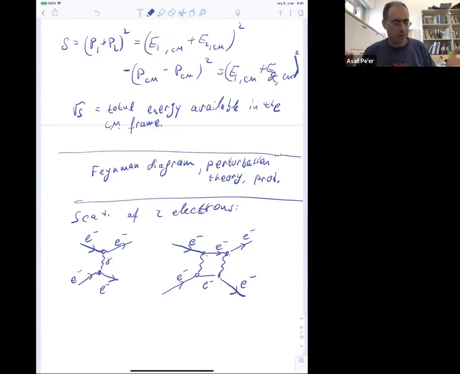But we need to sum them all. Everything that happens in between is really virtual, so we don't really know what happens. But both these diagrams have the same initial state and the same final state. Of course, the difference between the diagrams is the number of vertices.